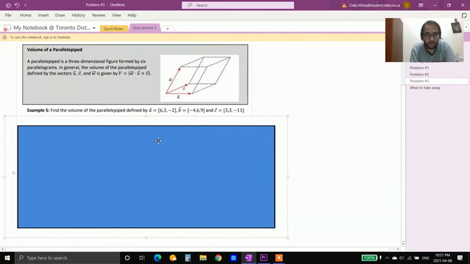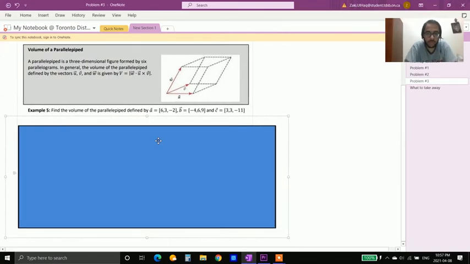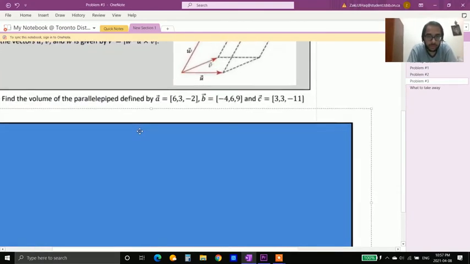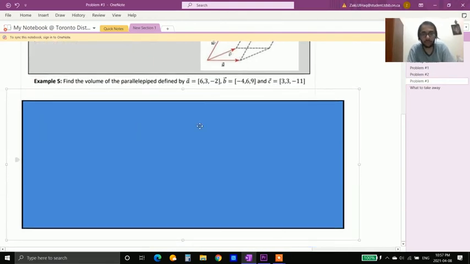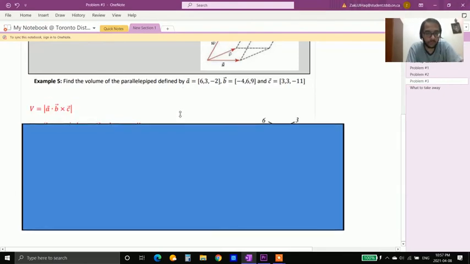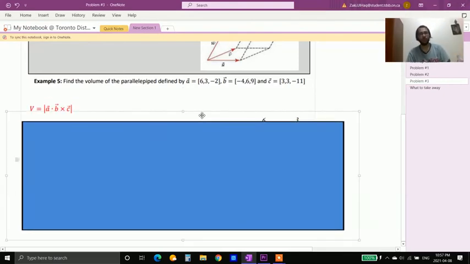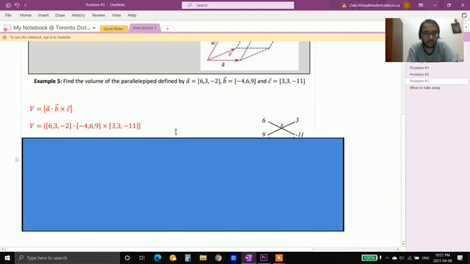So we're given the coordinates a, b, and c, and we're asked to find the volume of the parallelepiped formed by it. So, as we know, the volume will be found by doing the vector a dot b cross vector c. So we plug all of our coordinates in, and this is what we have.